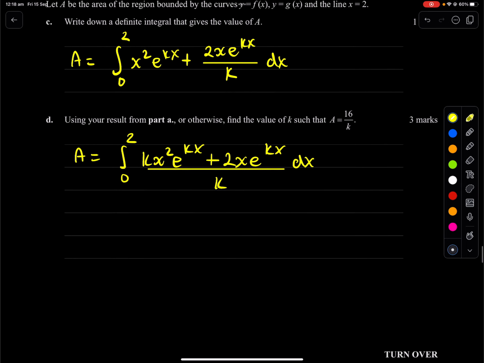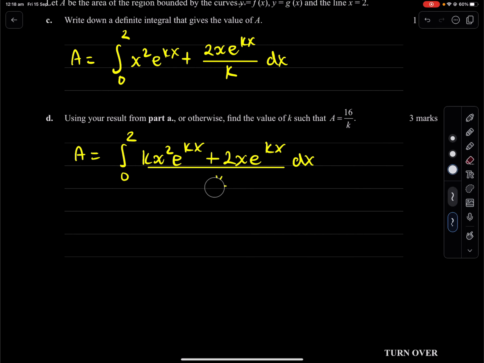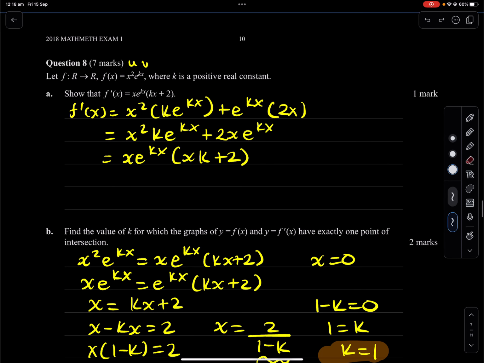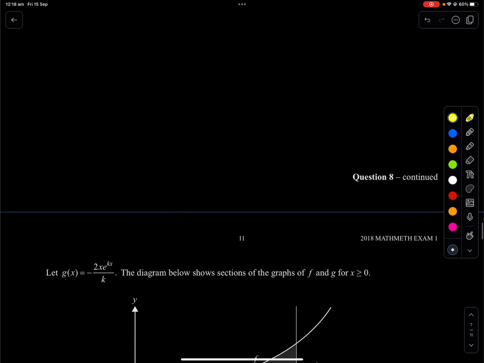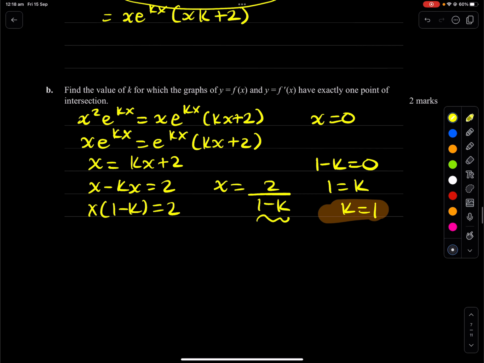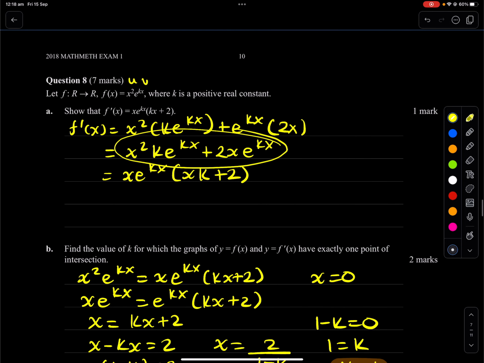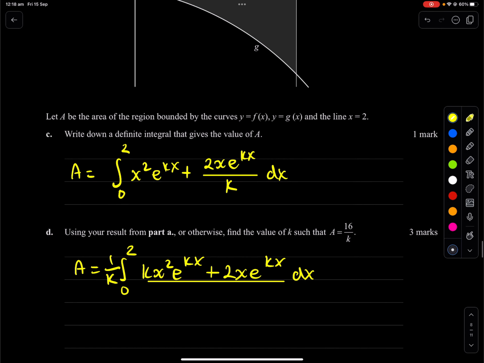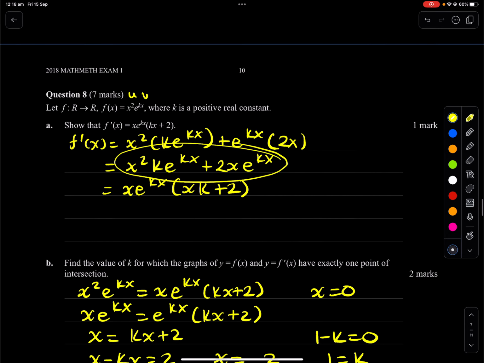And we can take that k out, by the way. What about if we take that k out now? This expression looks very similar to this expression over here, if you really look at it. So k x squared e^(kx) plus 2x e^(kx). Yes, they look very similar.